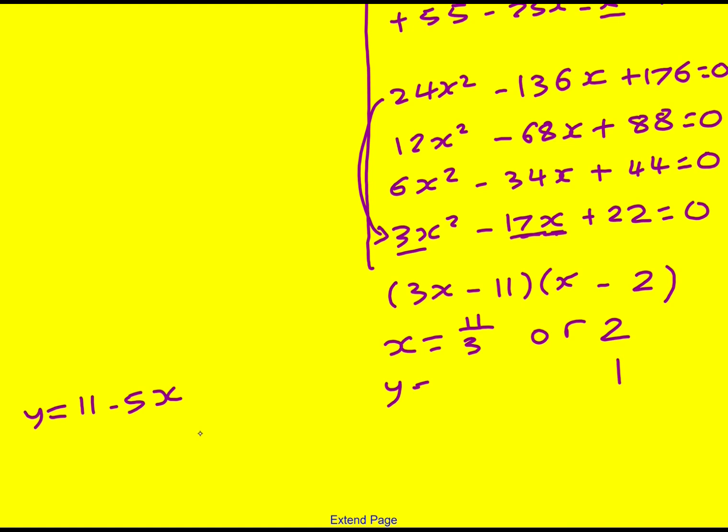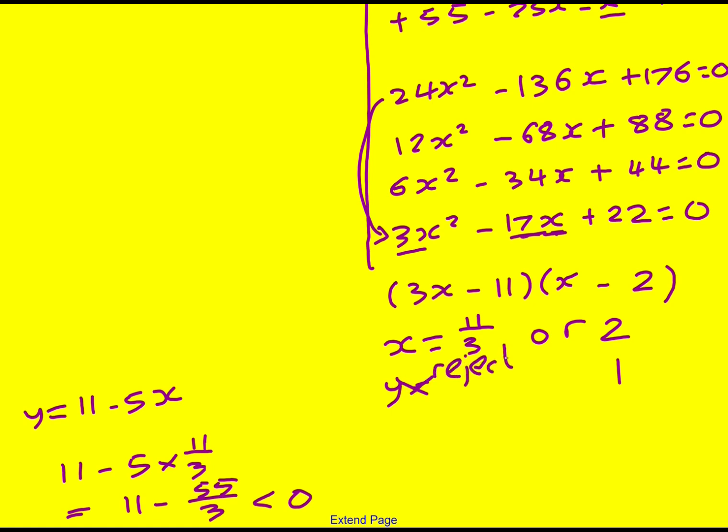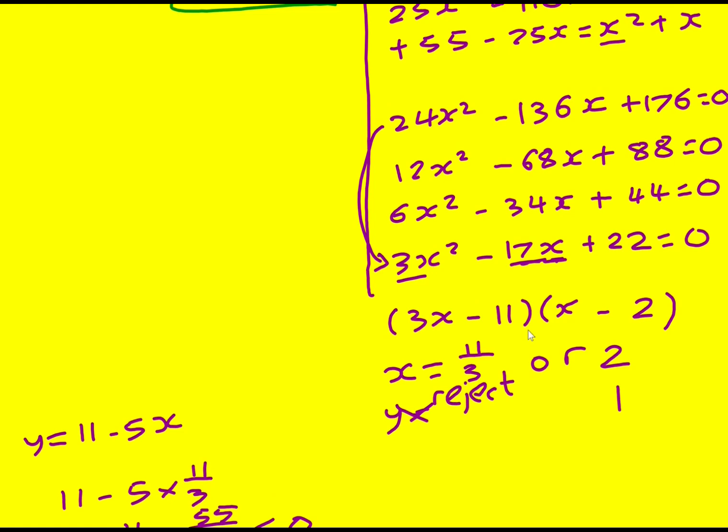And when x is 11 over 3, it's going to be 11 minus 5 times 11 over 3, which is 11 minus 55 over 3. This is definitely going to end up being less than 0. I'm not even going to calculate it, because 33 over 3 would be 11. So actually, I'm going to reject this one because we can't have a negative length.